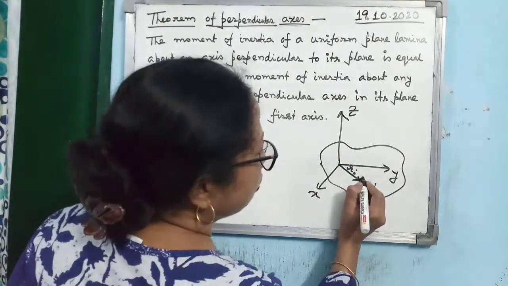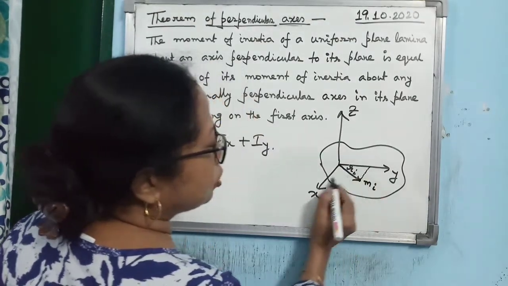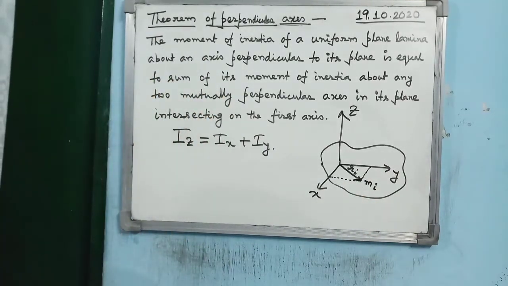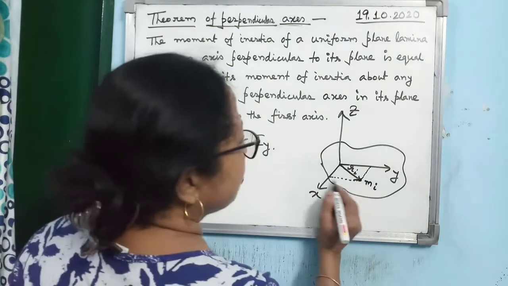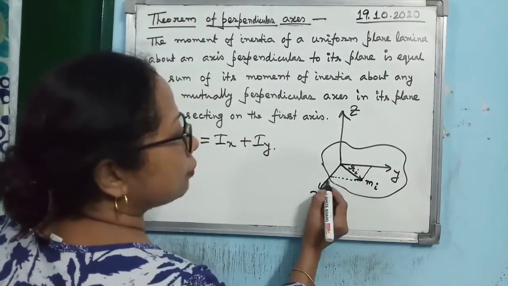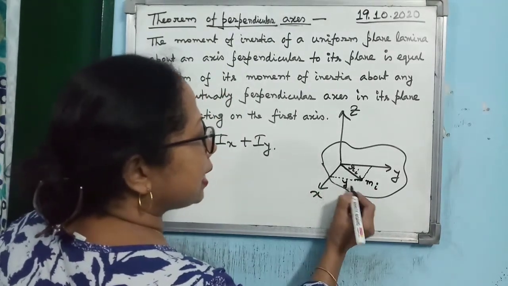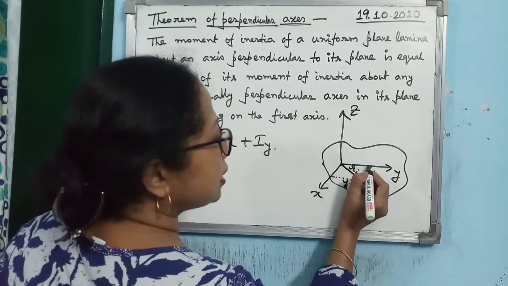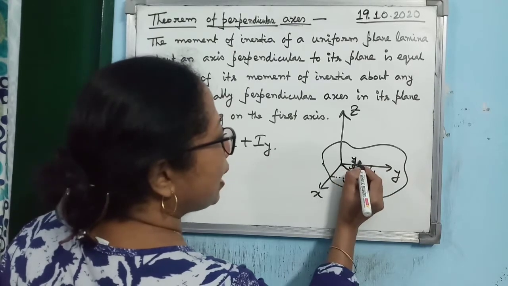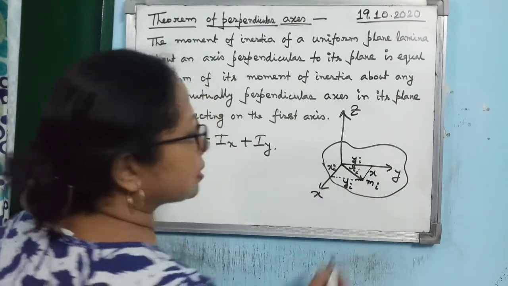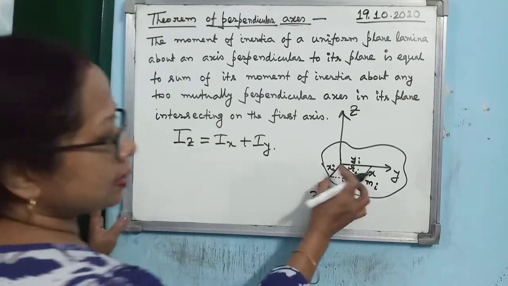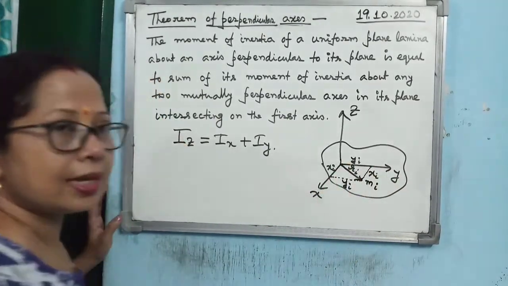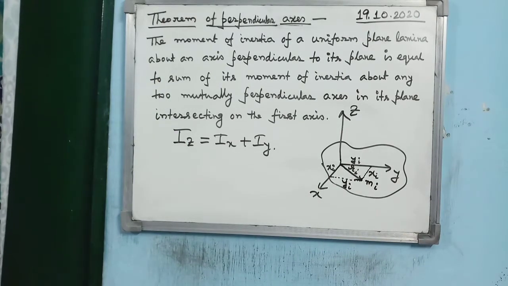If you draw a line parallel to the x-axis and a line parallel to the y-axis, then the distance of the particle from the x-axis is yi, and you can consider this length is xi and this length is yi. Is that clear to everyone?